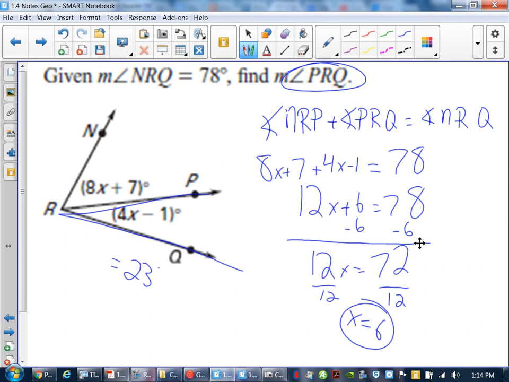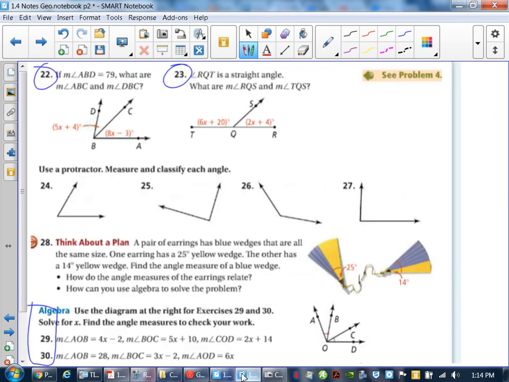All right. I've got 4 problems for you tonight. It's on page 32. I want you to do numbers 22, 23, and the other two. Is this homework? Yes, sir.